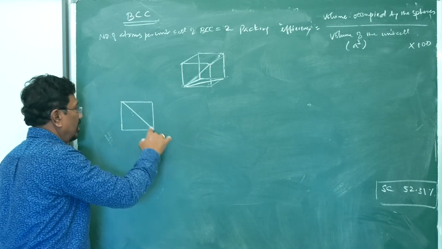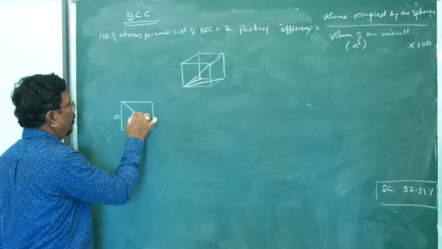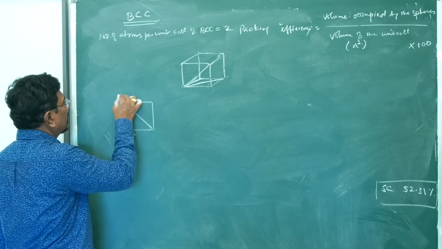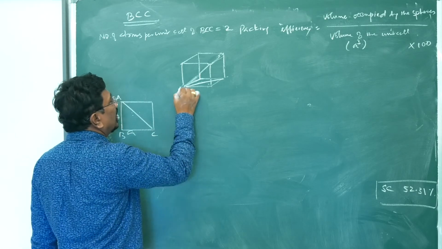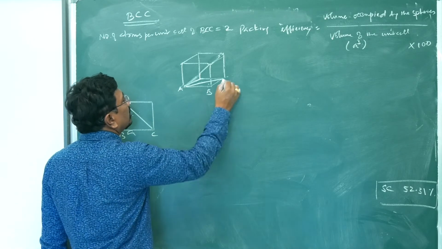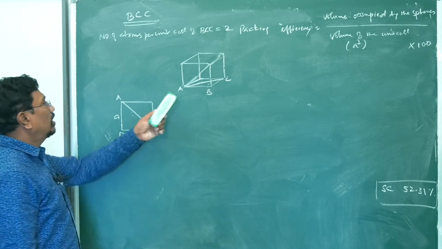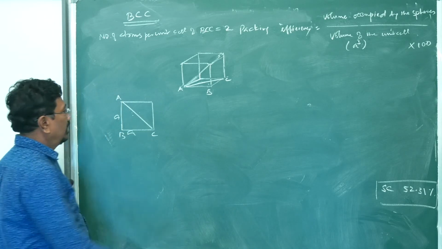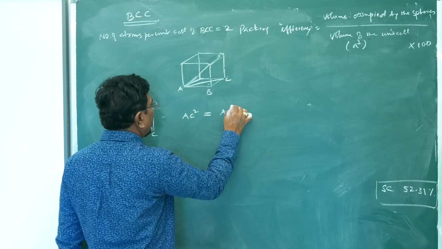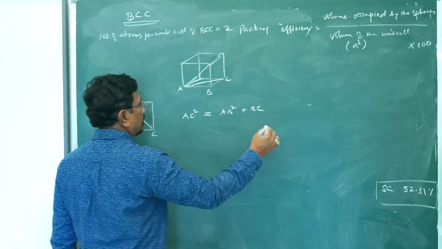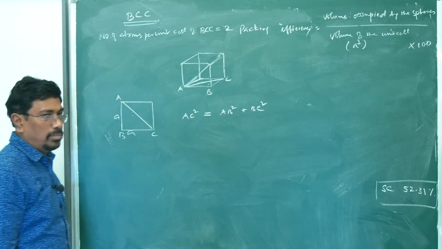Let us find out this length. If it is considered A, B, C, then we are going to calculate AC. AC square is equal to AB square plus BC square. That is the very common Pythagoras theorem.